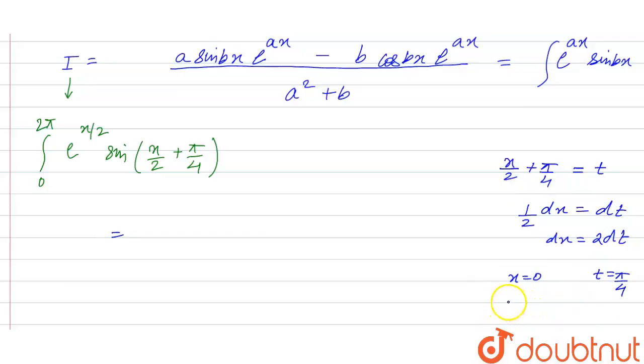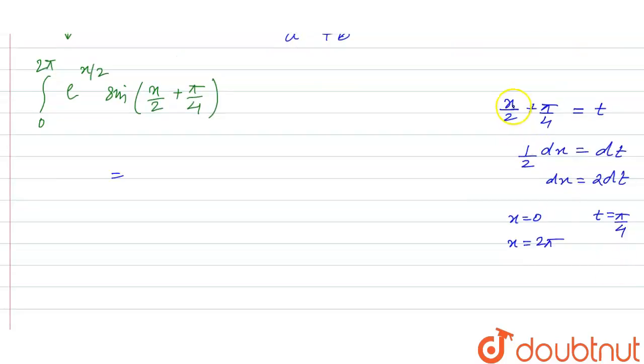And when x is equal to 2 pi, here we have 2 pi, so this 2 will cancel out. Pi plus pi by 4, t is 5 pi by 4 here. So we have the integral from pi by 4 to 5 pi by 4, and we have e raised to power x by 2, and x by 2 is t minus pi by 4.